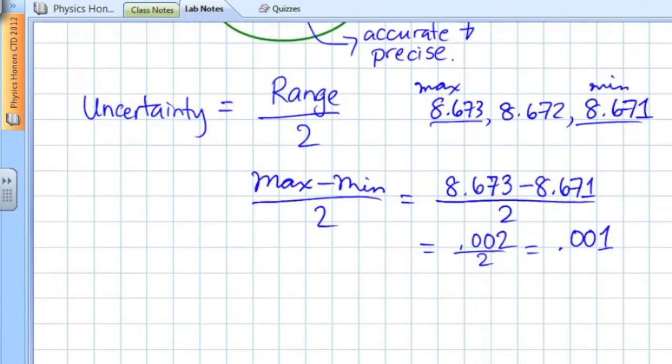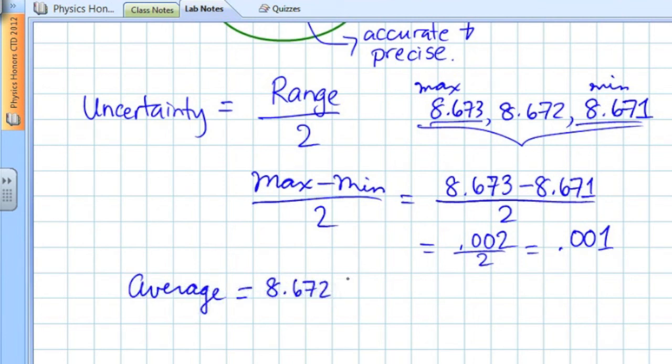So obviously if I take the average of these 3, the average value is right in the middle, 8.672. But then the uncertainty, 0.001, gets added on at the end. Okay, so this is how you do it if you measure something multiple times. If you only have one measurement, it's a little bit different, and we'll talk about that in a later video.